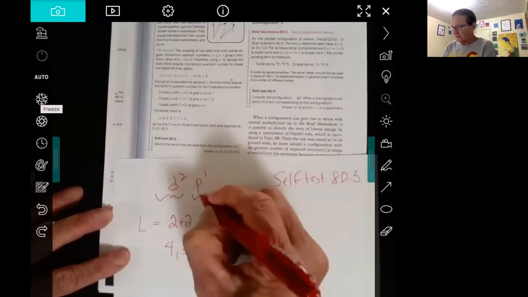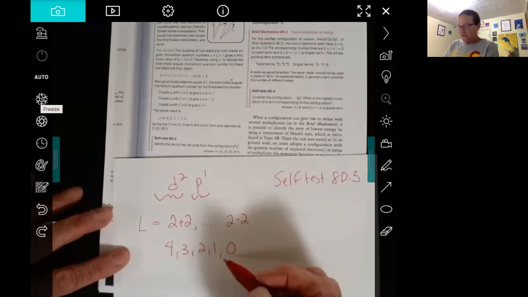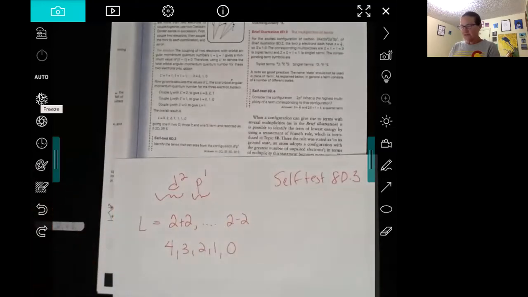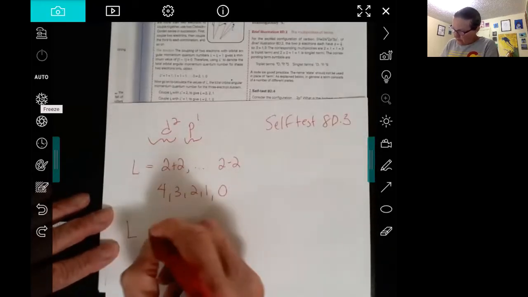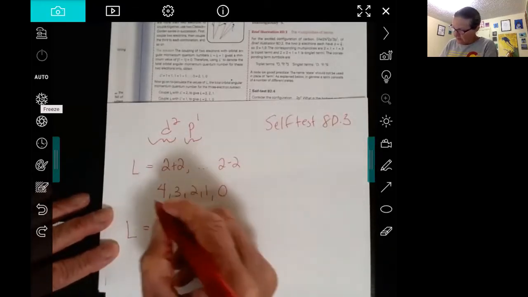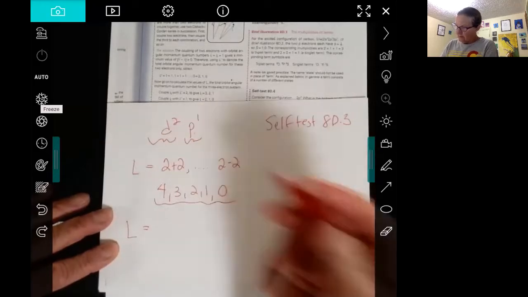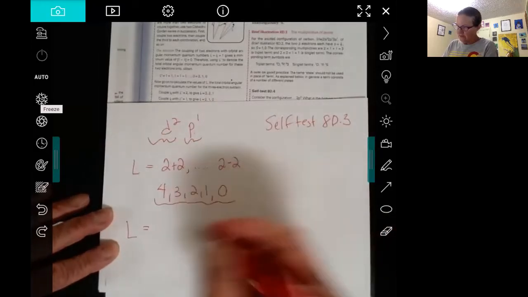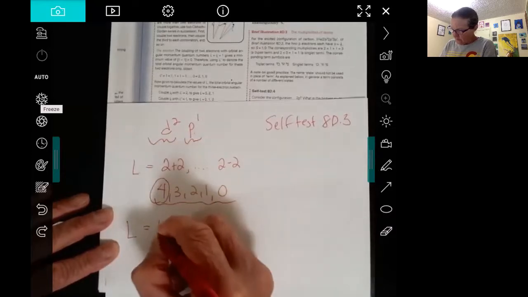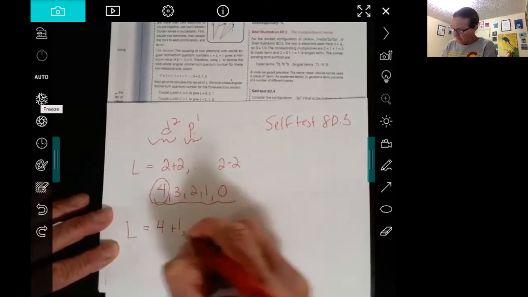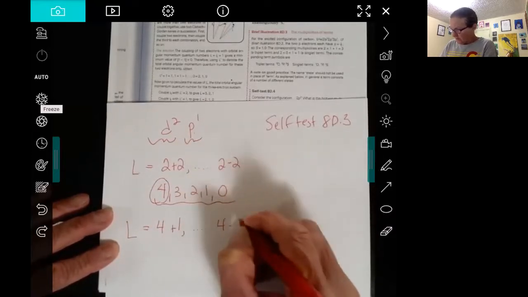But now we're going to say, once these 2 electrons are coupled, that third electron in a p orbital can also align in different ways. And so the overall L is going to be each of these coupled to this p electron. We'll start with this one. It's going to be 4 plus 1 all the way down to 4 minus 1.